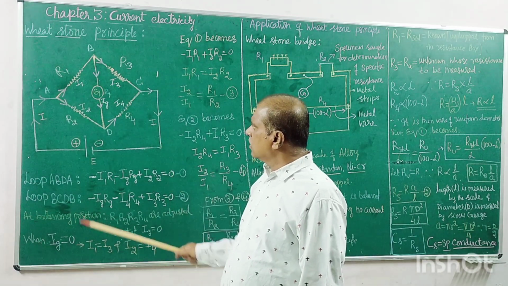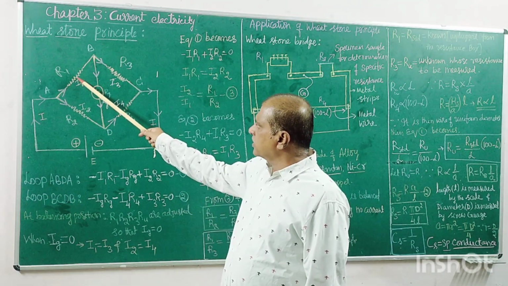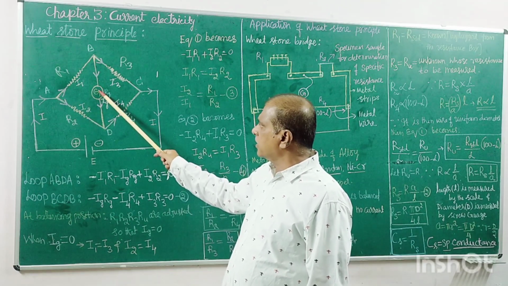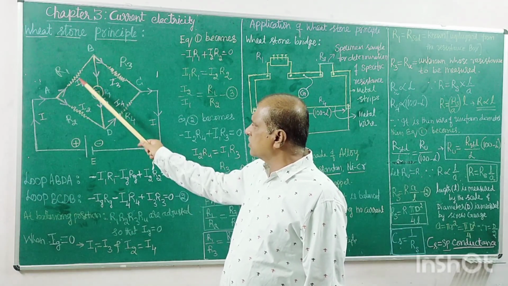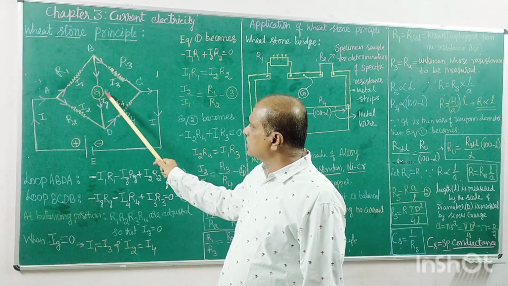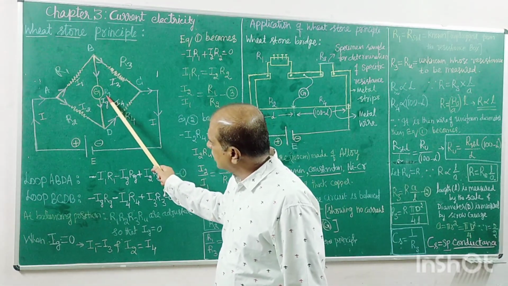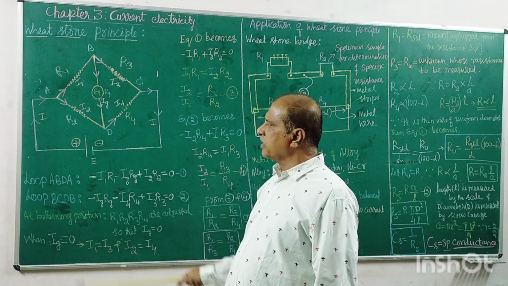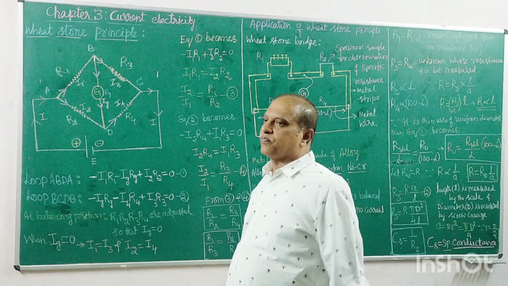As you know, there are three conductors: conductor of resistance R1, resistance R2, and the conductor of resistance Rg. Rg means the resistance of the galvanometer, through which when the current is flowing, there is also resistance.